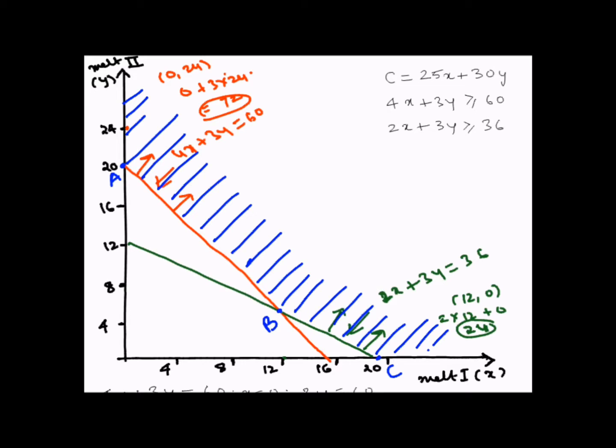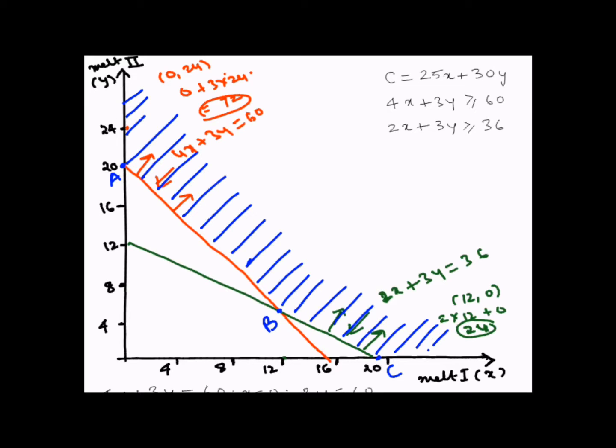Now note that in this case, since this is a minimization problem, the objective function line which is nearest to the origin and touching the feasible solution region will give us the optimal solution. Whereas if it was a maximization example, the farthest line from the origin which touches the feasible solution region gives the optimal solution.